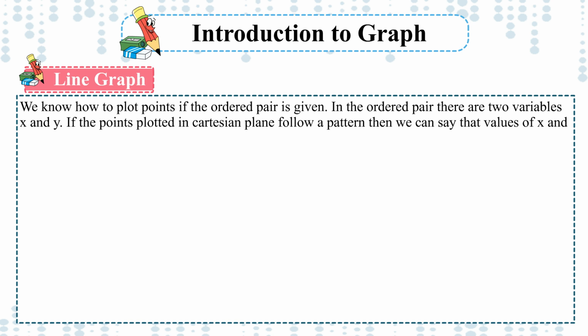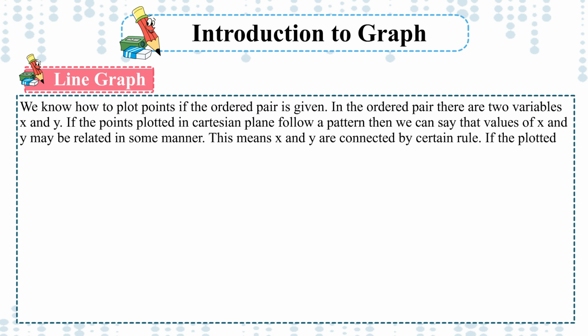If the points plotted in the Cartesian plane follow a pattern, then we can say that the values of x and y may be related in some manner. This means x and y are connected by a certain rule. If the plotted points form a straight line, we get a graph called a linear graph.